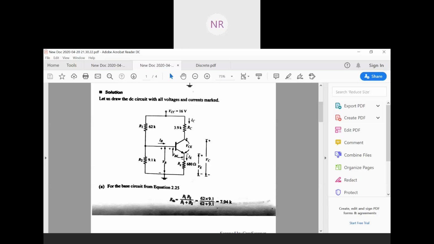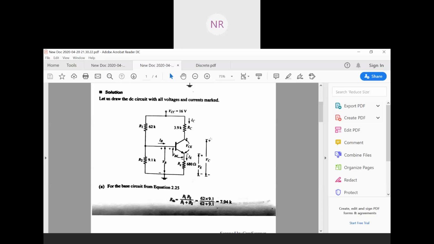Or else, VCC minus ICRC minus VC equals 0. That is one KVL equation. VCC minus ICRC minus VCE minus IERE, but VCE plus IERE is nothing but VC.